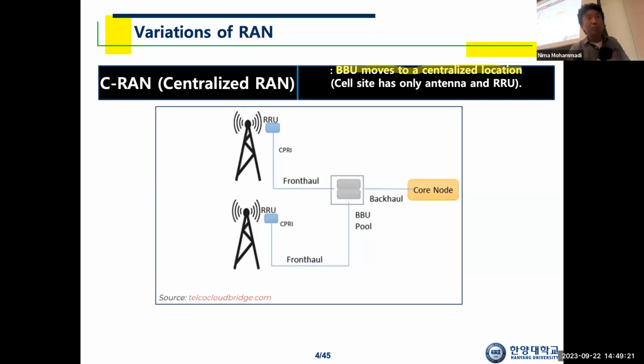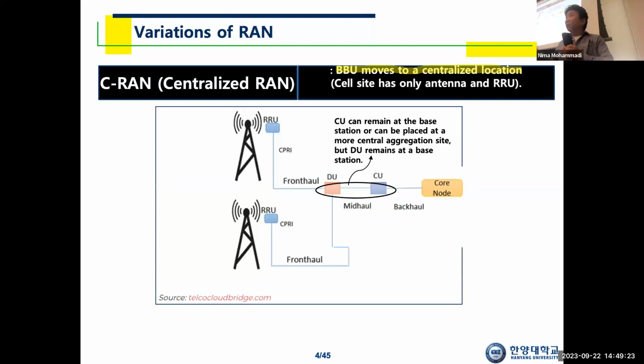Each BBU in the BBU pool can further be divided into two units, CU, centralized unit, and DU, distributed unit, for providing more flexibility. At this stage, network operators thought as follows. What if we provide complete transparency on the fronthaul interface protocol, midhaul interface protocol, and backhaul interface protocol?